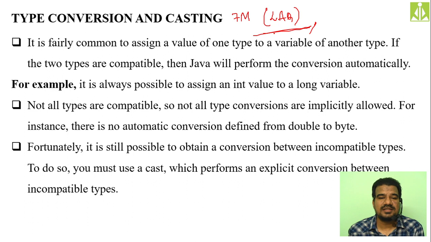It is of two types: implicit type conversion and explicit type conversion. I will give you a brief idea about this concept, and afterwards we will see it step by step. First of all, we need the idea of where exactly we need this.